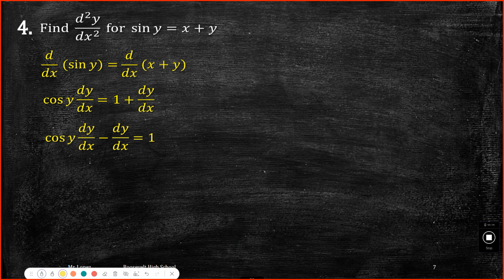We're supposed to get the dy dx by itself and then take the derivative over it. So that was the mistake. You could have done it the way I did it, but you had to get the dy dx by itself first, and then take the second derivative.